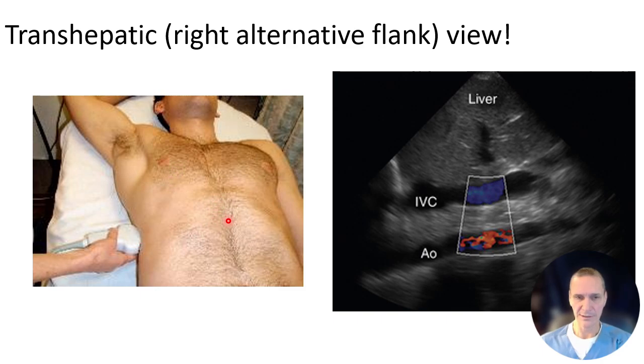Instead of the gas obstructing your view here, you can move over to the side and assess the IVC. So the IVC will be closer. Remember, the IVC runs here, the aorta runs here, and the aorta will be more distal.